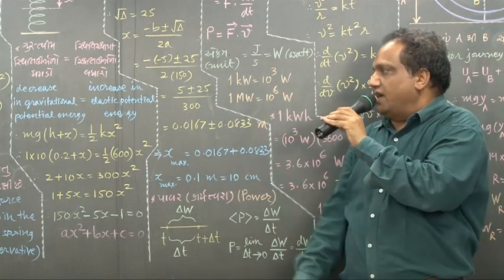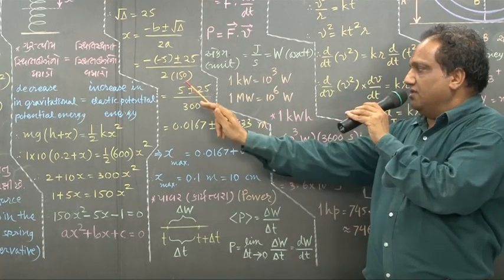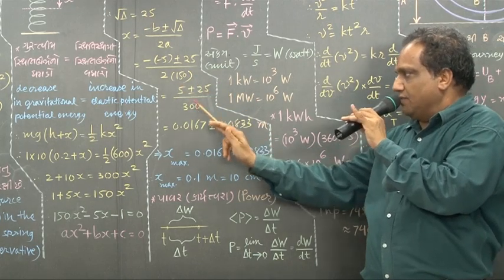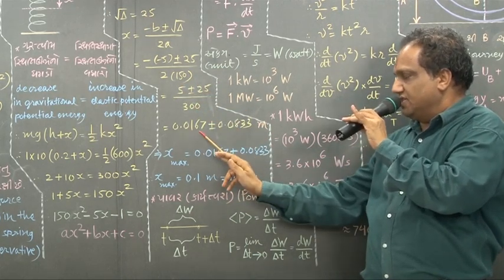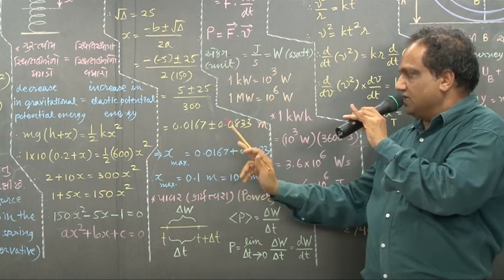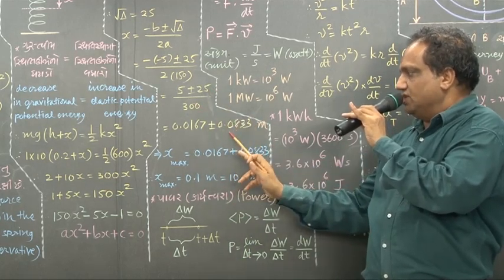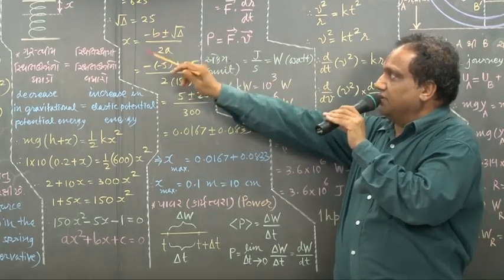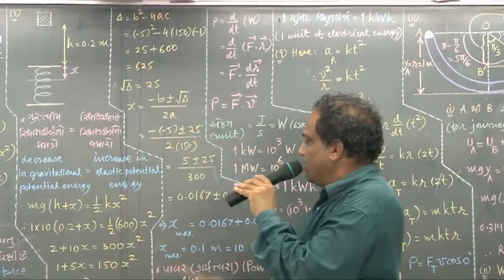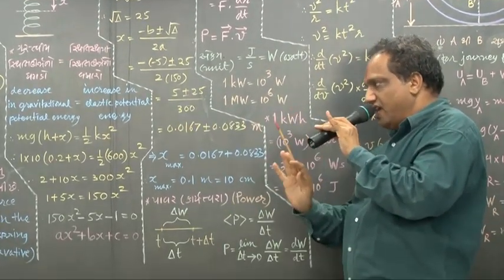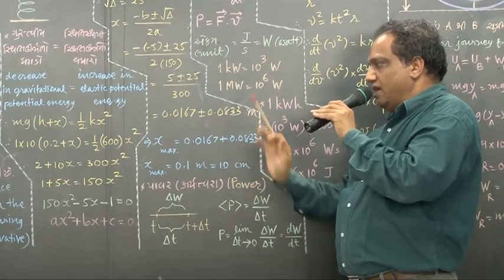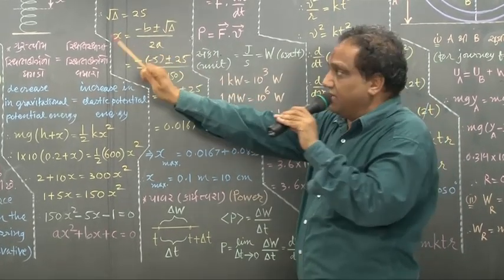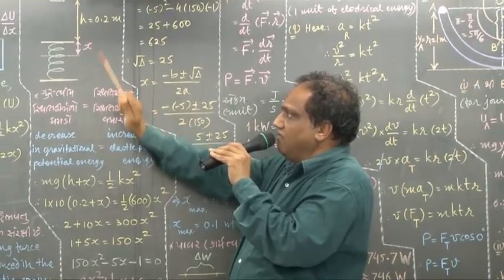Now divide separately. Separate the denominator: this upon this plus or minus this upon this. This upon this, answer is 0.0167, and plus or minus, this upon this, answer is 0.0833. Because we had taken everything in meter, the final answer is also in meter. But if you want maximum compression in the elastic spring, you should find the maximum value of x.